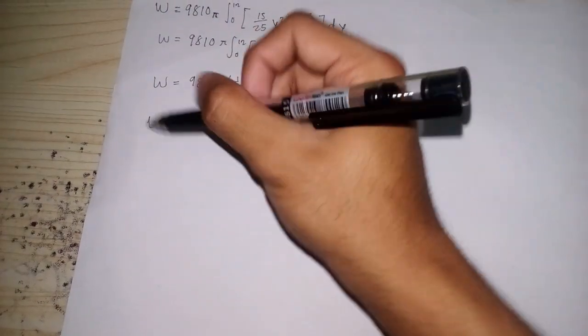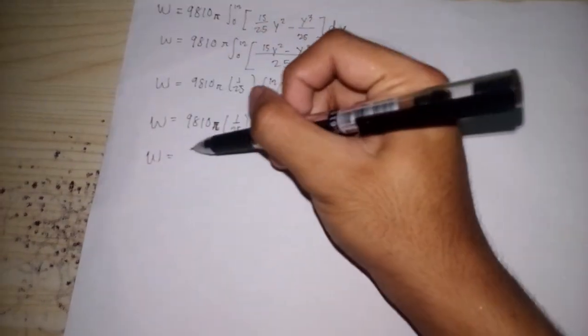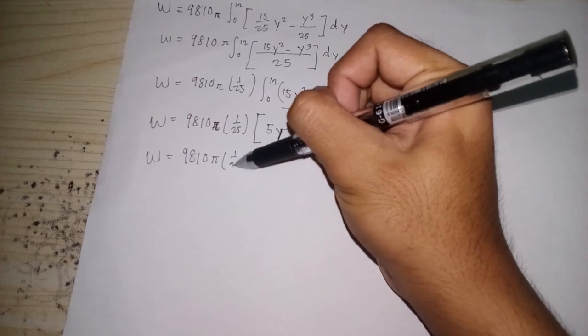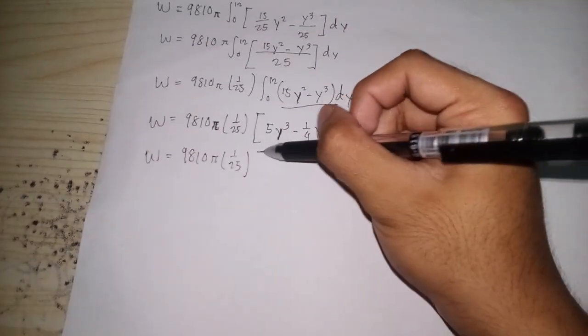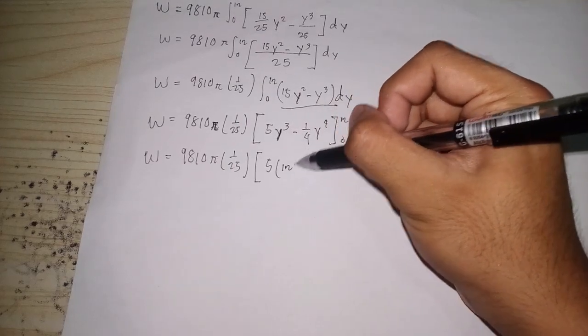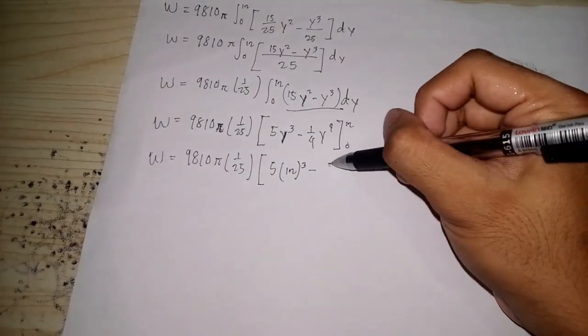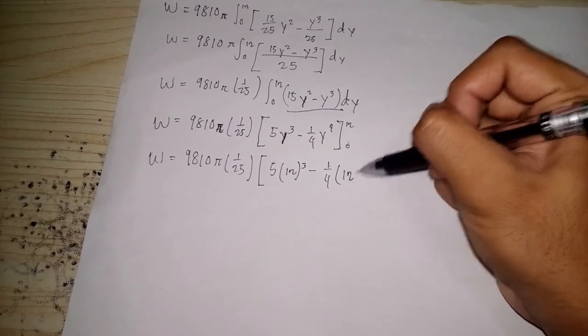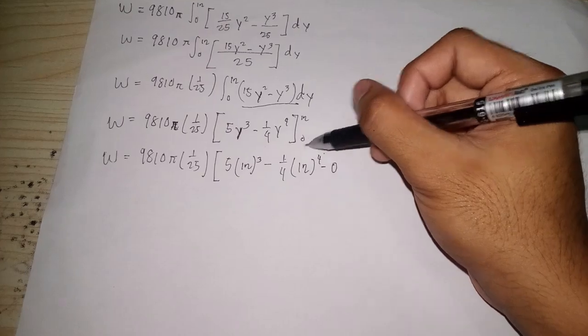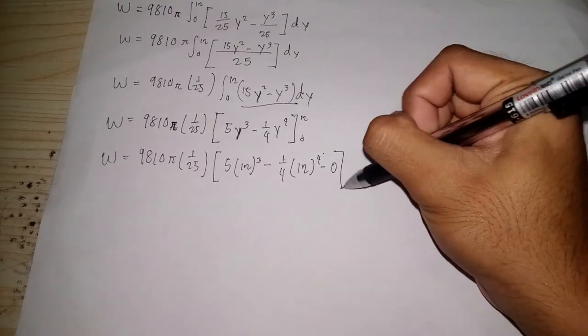Substituting the values of our limit, 1 over 25 times 5 times 12 cubed minus 1/4 times 12 raised to 4, minus 0, since at the lower limit it is just 0.